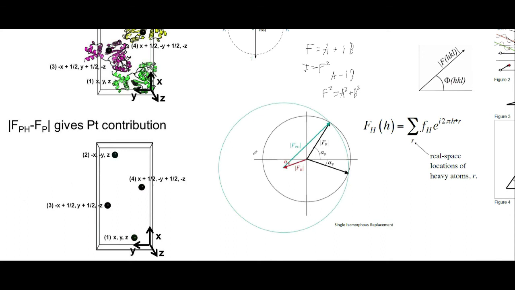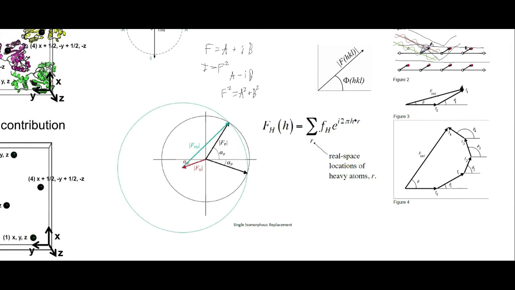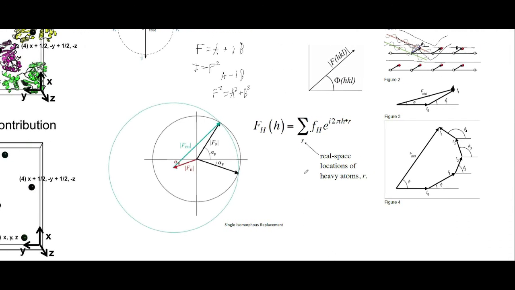And then if we get the structure factors with the heavy atoms, the FH is determined by the real space positions of the heavy atoms.